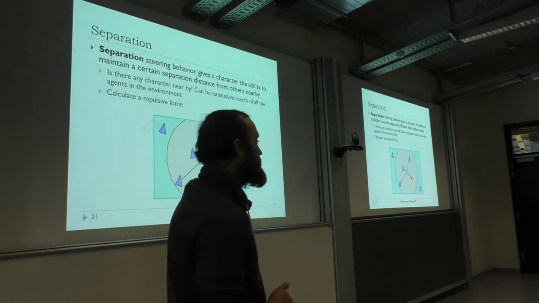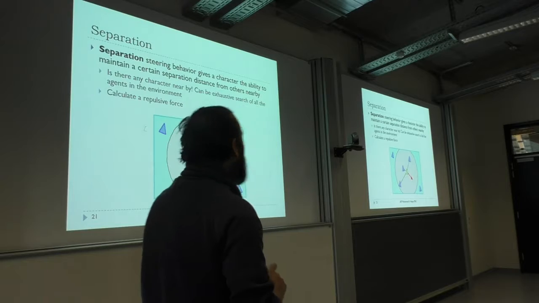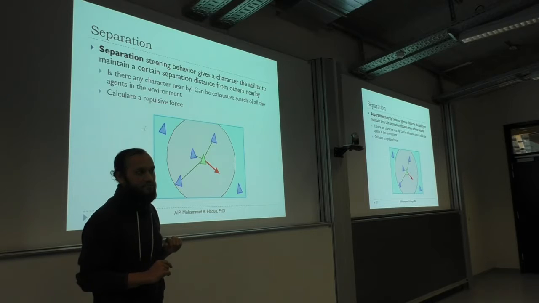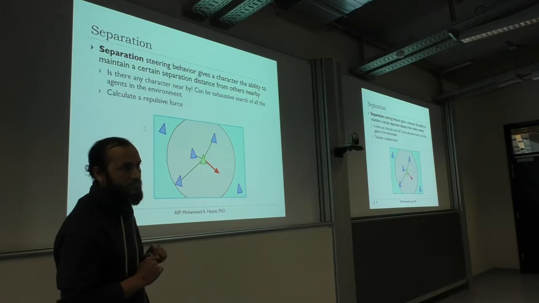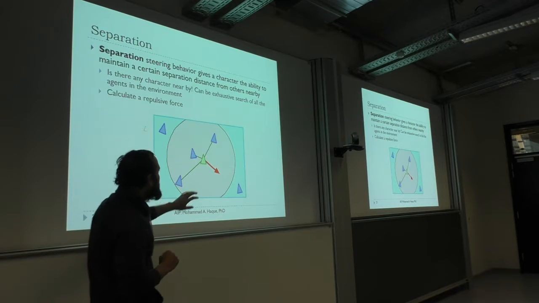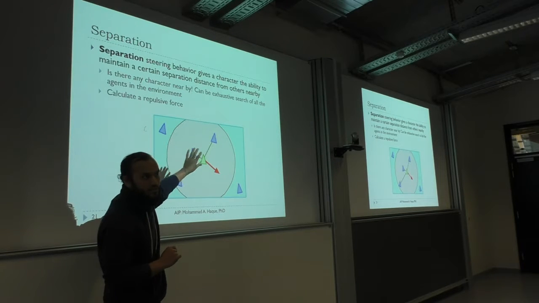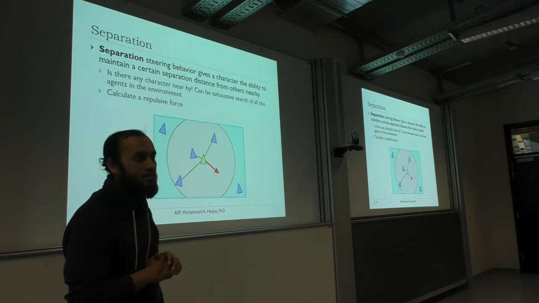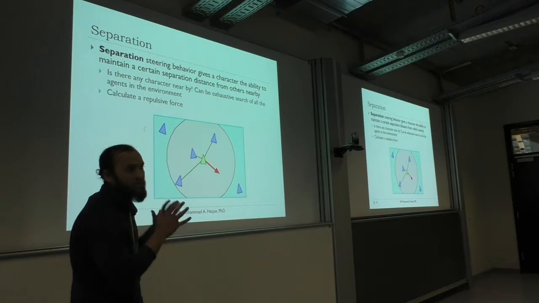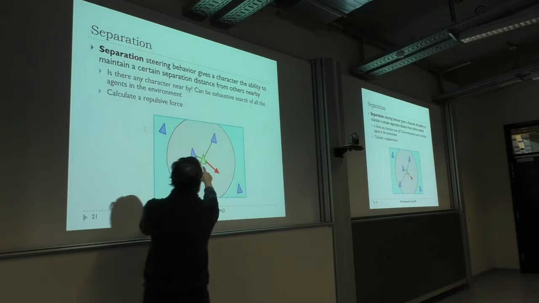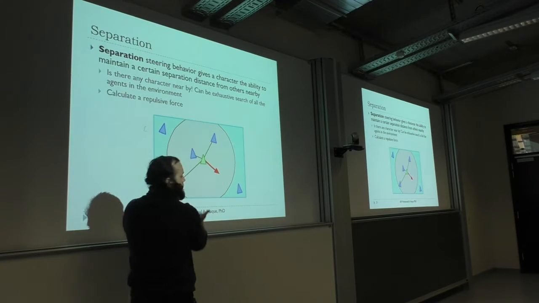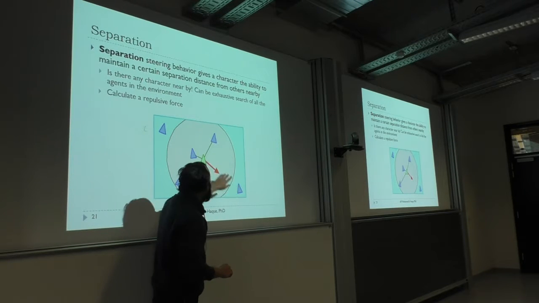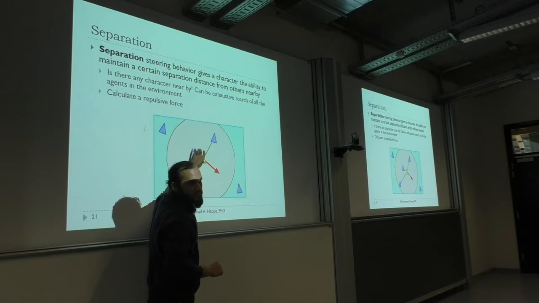Then what is separation? If you see multiple objects or multiple agents here, what is separation? First of all, you have to define the neighborhood. Based on the neighborhood, it can consider which objects it will use to define its separation parameter. For example, for this object, this is the neighborhood. So this other object will not have any impact on the decision making of this one in the separation parameter.